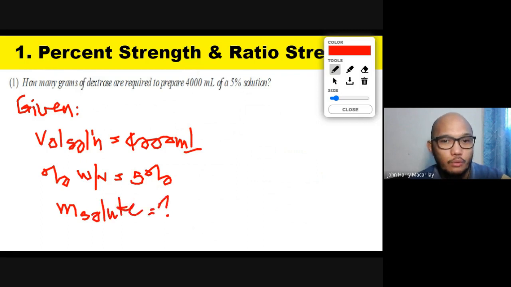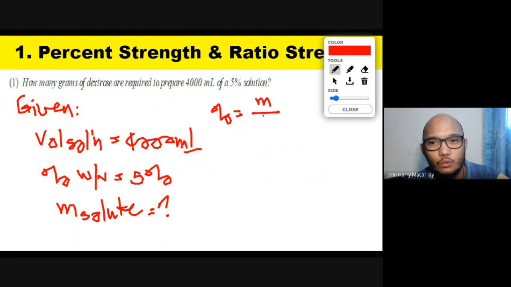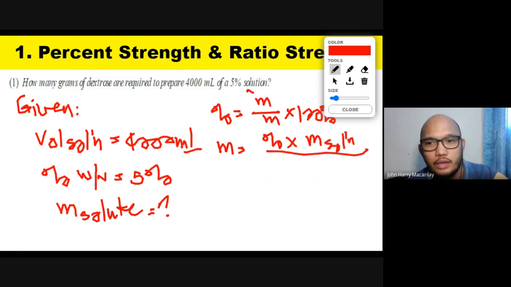So what would be our formula? The formula is percent equals mass over mass times 100%. We are looking for the mass of the solute, so our derived formula now will become percent times mass of solution divided by 100%.